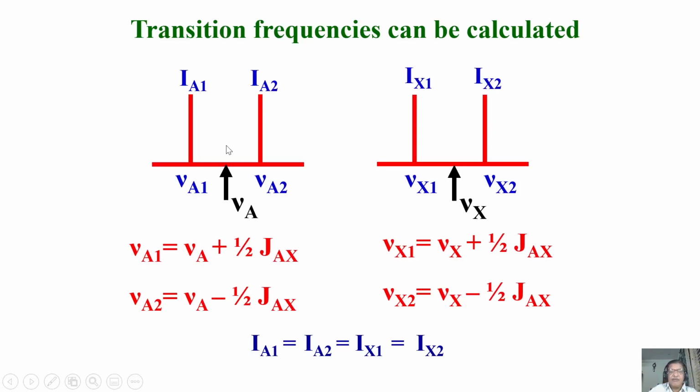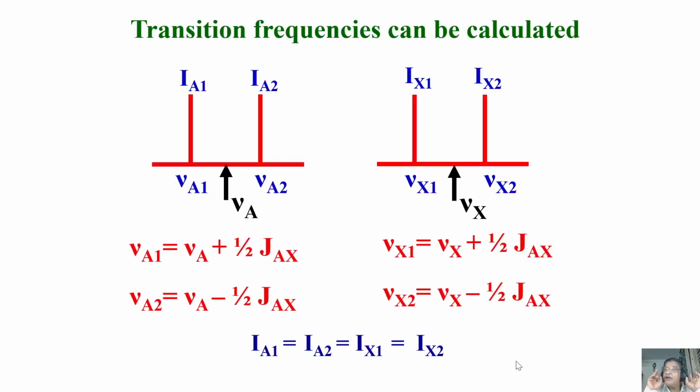Without going into more detail, we can do quantum mechanical calculations. I am telling you that IA1, IA2, the intensities of A1 and A2, and of X1 and X2, are the same. So the ratio is 1:1:1:1.